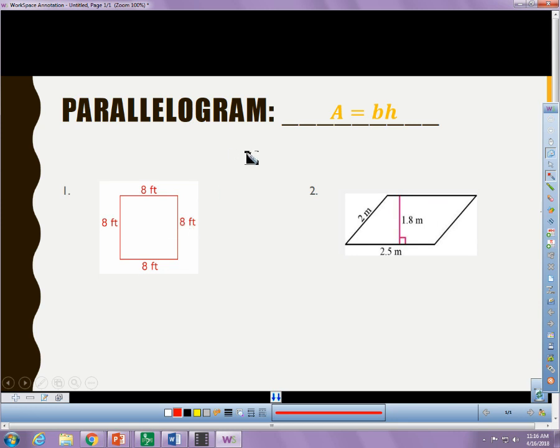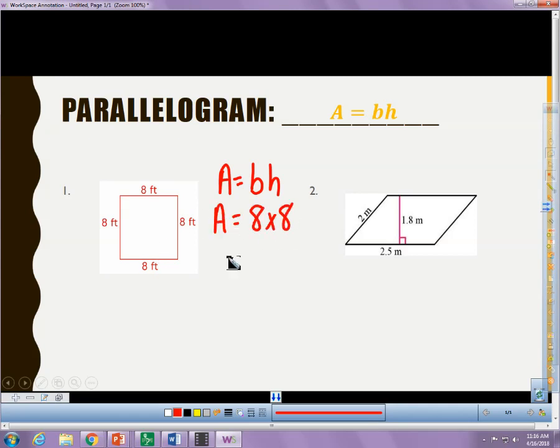And I want you to do all 3 steps every time you do a problem because it helps you memorize the formula. Plus, it shows all your work. So A equals BH. And if you notice on a square, the base and the height are the same. So that one's pretty simple. A equals 8 times 8. And 8 times 8 is 64. Make sure you put your units, feet squared.